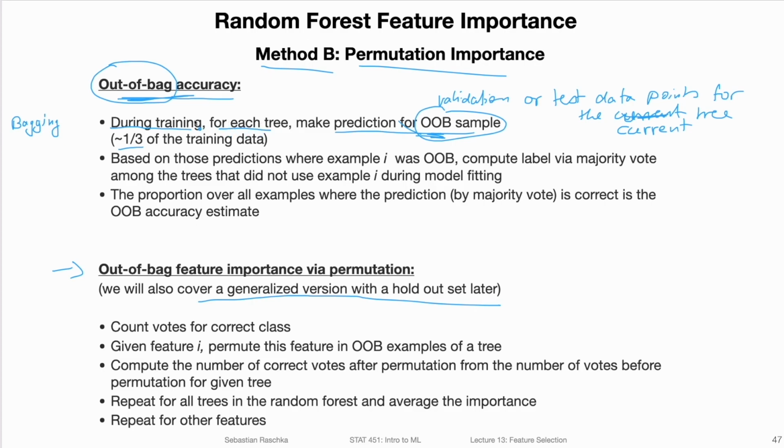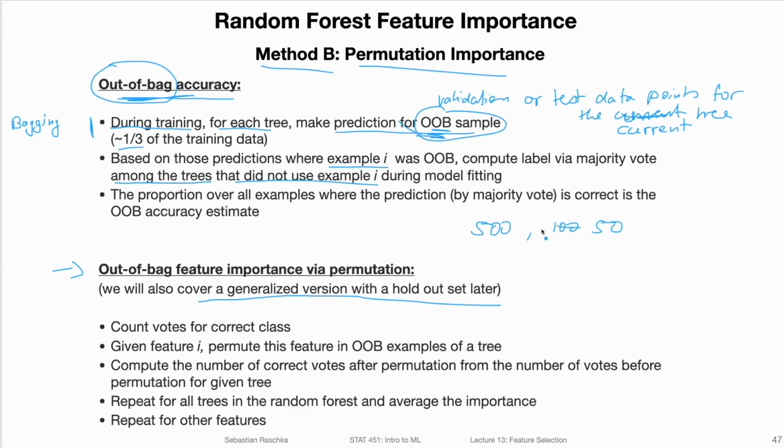So how do we actually use these out-of-bag samples? What we do is we consider each training example i and look at all the trees that did not use this training example i during model fitting. So if I have a random forest with 500 trees, there might be, let's say, 100 trees that do not use it, or maybe fewer, could be 50.